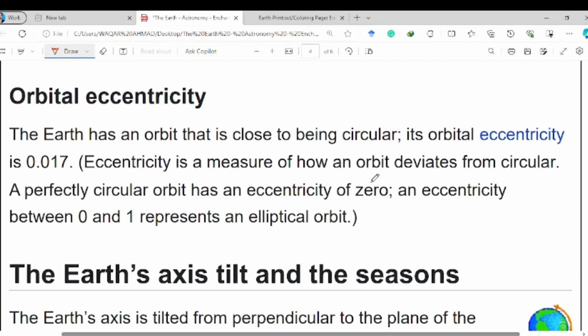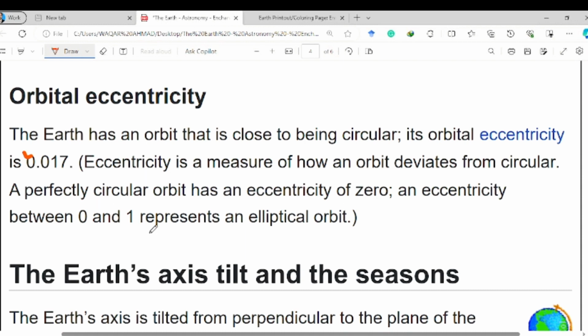If an orbit is perfectly circular, its eccentricity is zero. But if it is not perfectly circular, then its eccentricity deviates from zero. A more circular orbit has a very low eccentricity, and it is zero if it is perfectly circular.